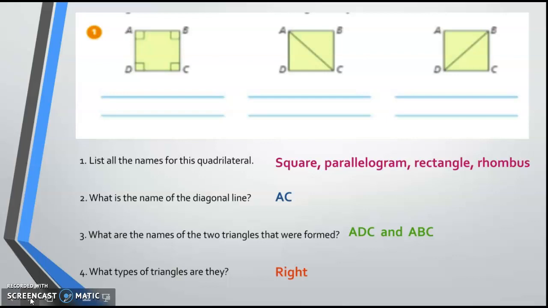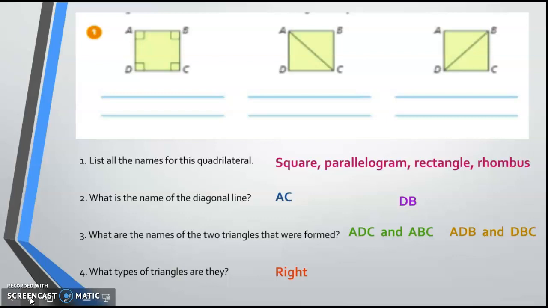What if I switch my diagonal from D to B and switch it over to that? My new line would be line DB. My new triangle names are DAB and DCB. So I have new names for triangles now. Now I have to tell me what type of triangles I have. It looks like I have, at D and B, acute angles.